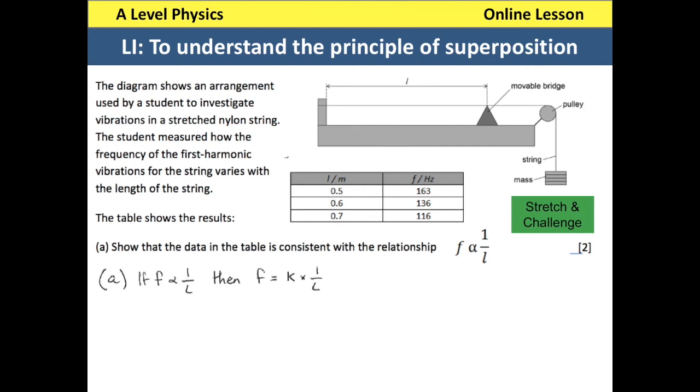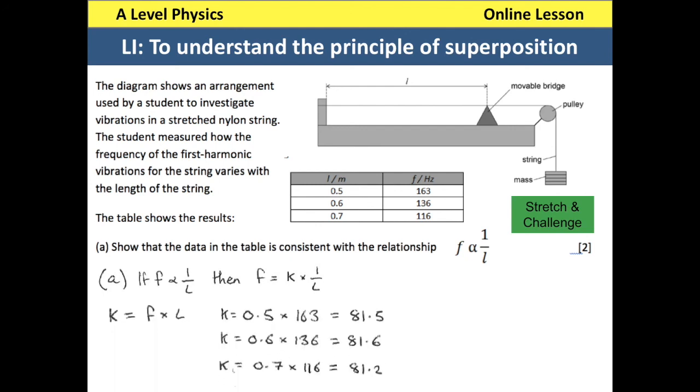If that is the case, then the frequency would be equal to a constant multiplied by 1 over the length, because we can remember from GCSE maths, to eliminate a proportionality sign we multiply by a constant. So if that is true, then frequency times length will always give the same constant value. So if I multiply each of those length values by the corresponding frequency, we should get the same answer.